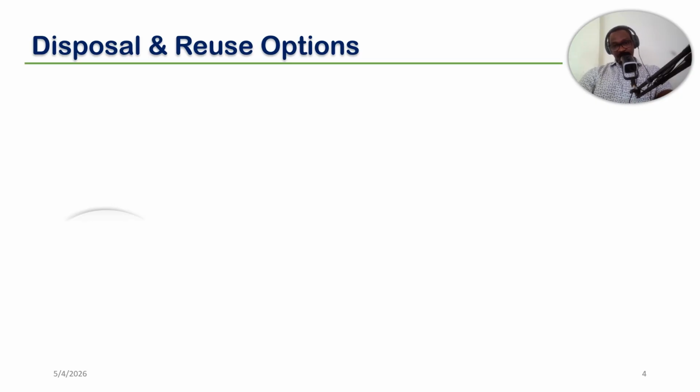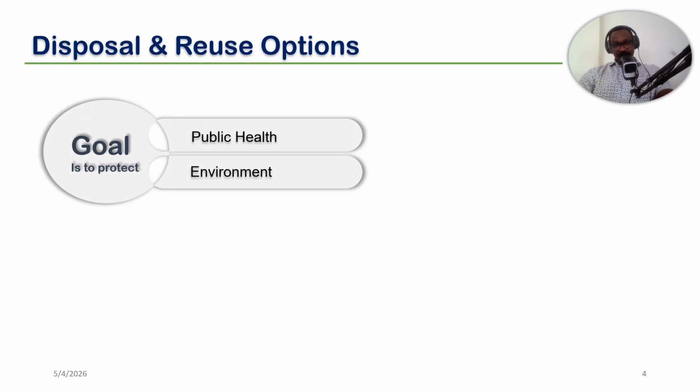How do we arrive at this? Well, the major goal of fecal sludge treatment is to protect public health and the environment. For public health, we are looking at pathogens, preventing exposure of pathogens to the environment.